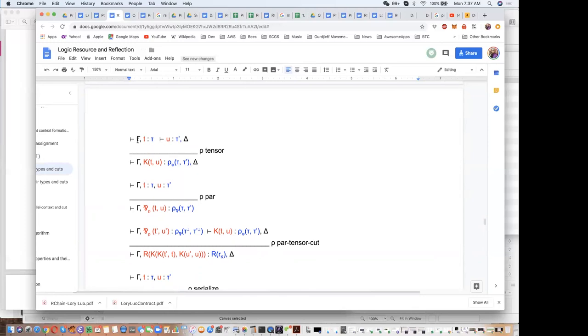So if I have gamma together with T is of type tau, and I have U is of type tau prime together with delta, then I can form a K, right? In this case, this would be a par. It will be typed this way, right? And I'll have gamma as a part of the mix, and I'll have delta as a part of the mix.